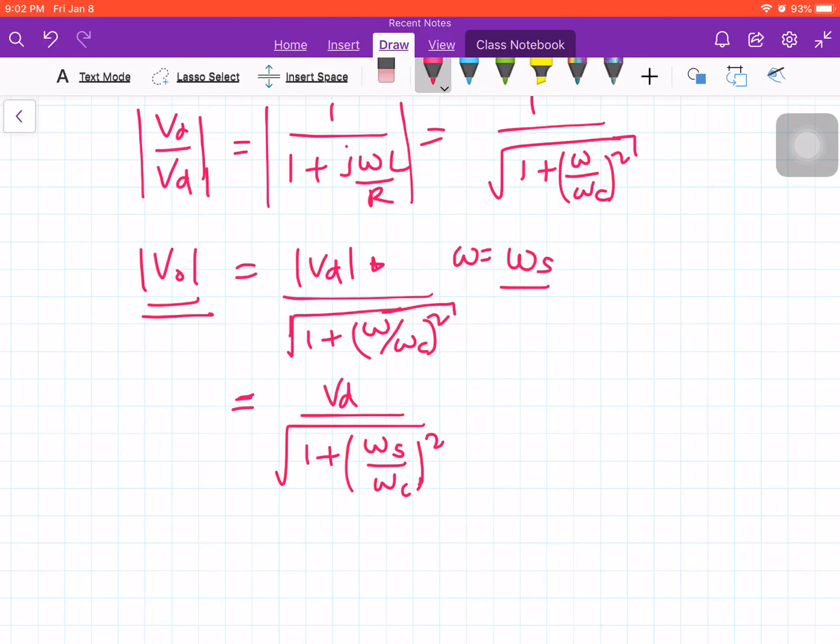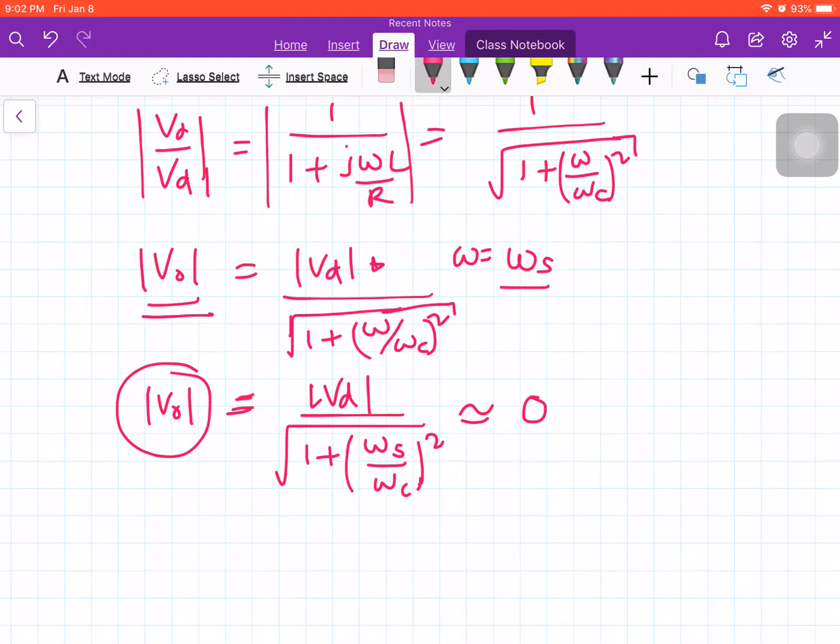What we expect ideally is for this to be 0. Why? Because I don't want any components of switching frequencies in my output voltage.